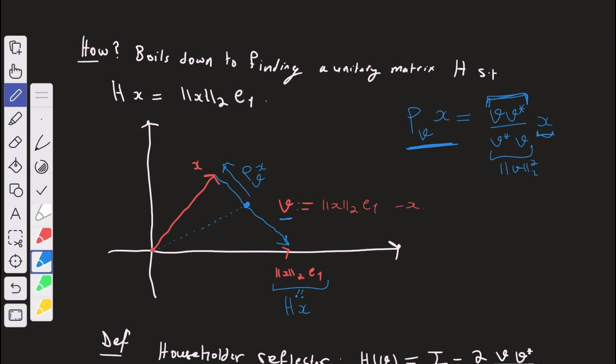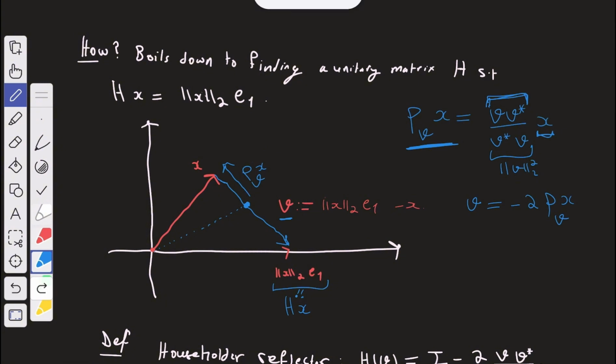So long story short, the vector v is in fact equal to minus 2 times the projection of x onto v, because if you take this vector, scale it by 2 and take the opposite direction of it, you will get the vector v.